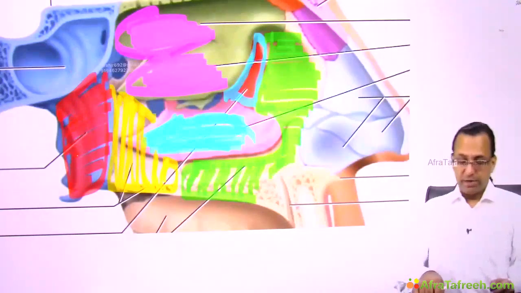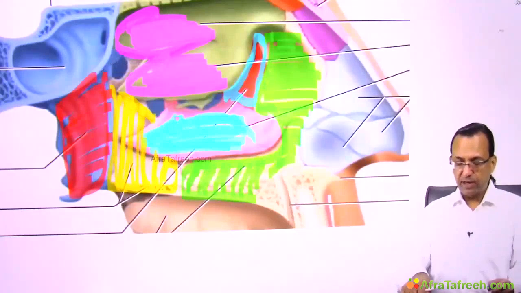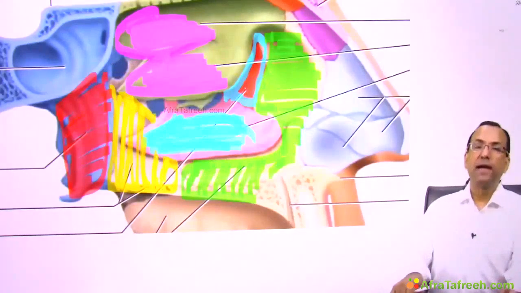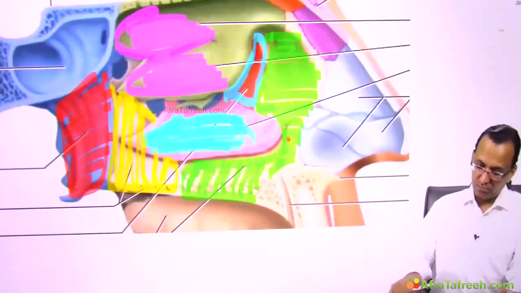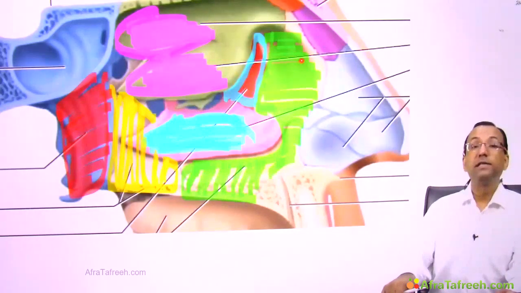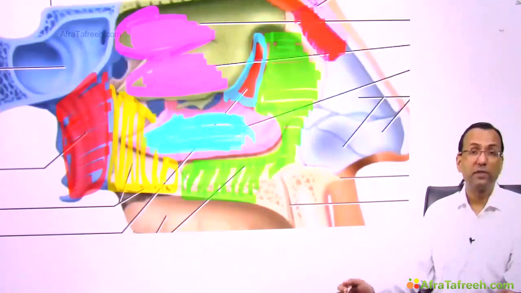Remember, the medial pterygoid plate and the perpendicular plate of the palatine bone form the lateral wall of the nasal cavity, and also the 3 turbinates, and also the lacrimal bone. This is the maxilla bone, and also the nasal bone. Oh, the nasal bone is also contributing now. Yes, it is. There are so many bones.